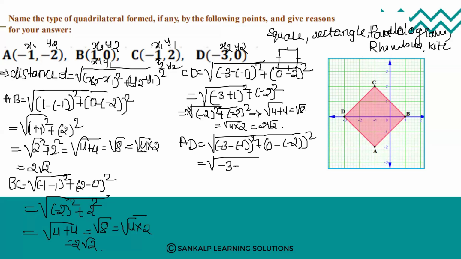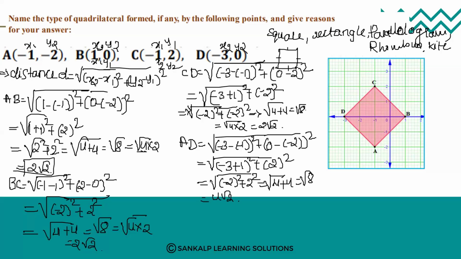Minus 3, minus into minus plus 1 whole square, plus minus into minus plus 2 whole square. So minus 3 plus 1, that is minus 2 square plus 2 square, that is equal to minus 2 square is 4 plus 4, you will get root 8, that is equal to 2 root 2. Yes, so observe carefully, all the sides are equal here.